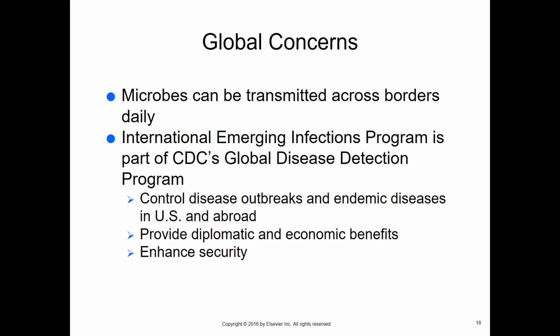We also have to investigate the cause of the outbreak or the infectious disease, and it doesn't matter if it's new or re-emerging. We need to look at what the cause is, identify how it's transmitted, and what we can do to possibly treat it or stop the transmission.